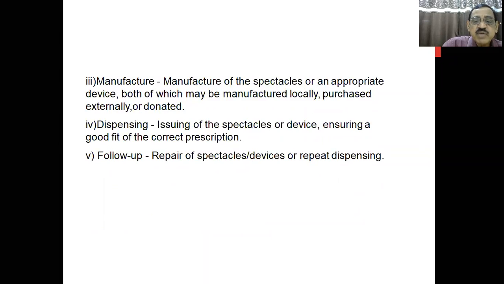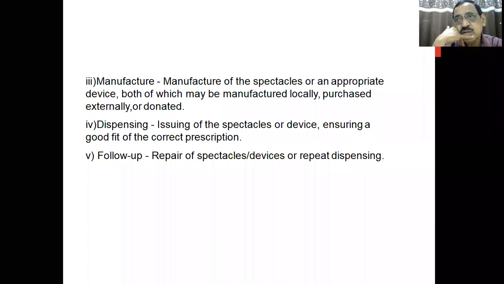Then comes the manufacture of spectacles, an appropriate device, which may be manufactured locally, purchased externally, or donated. If the patient can afford to buy it, they can buy it, and there are certain agencies which give them free.